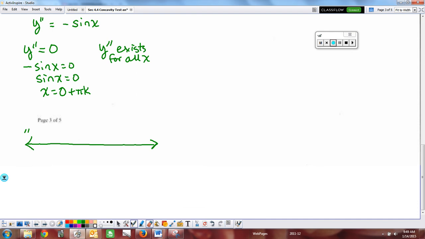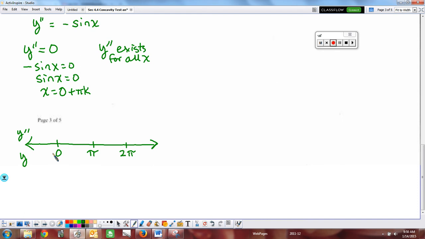Let's call this y double prime and y. So our possible point of inflection, don't call this a critical value. A critical value is specifically set for first derivatives. So a possible point of inflection in our interval is 0, pi, and 2 pi. Okay?